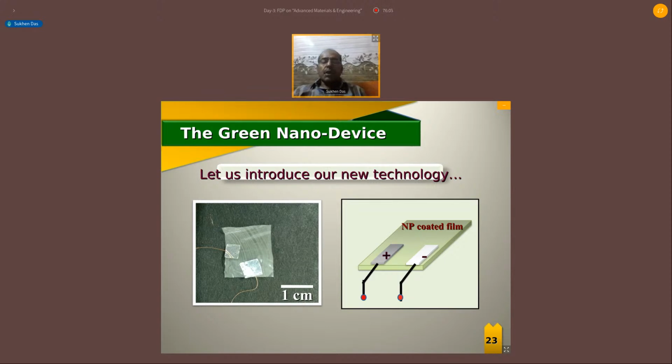That is why, after doing this, we have tried to make an easily portable and low-cost detector which can easily detect the presence of chromium and the percentage of the chromium.